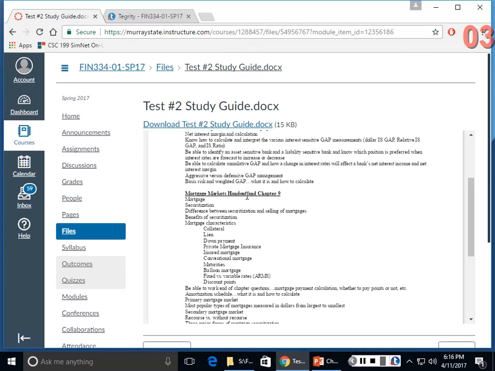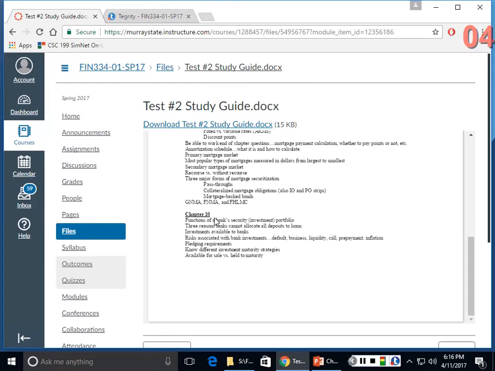The handout and chapter 9 in your book kind of run together, talking about mortgage markets. Then chapter 10, which we're going to talk about tonight, basically covers the bank's investment function.